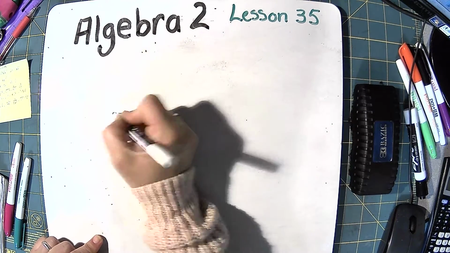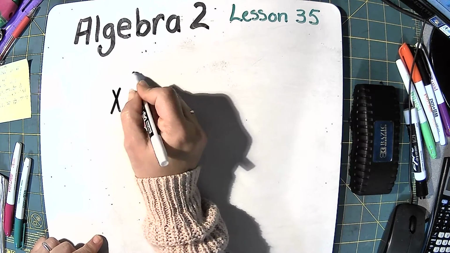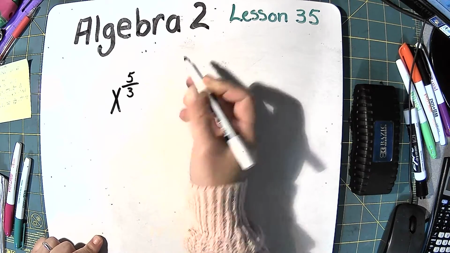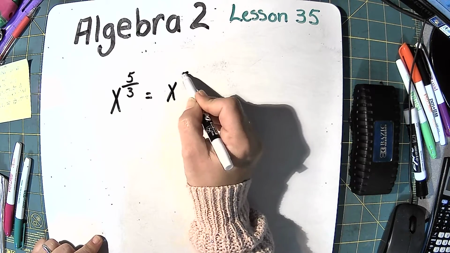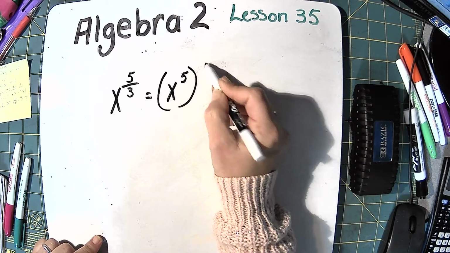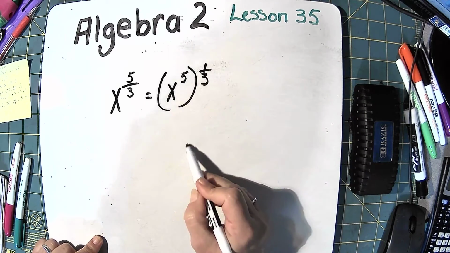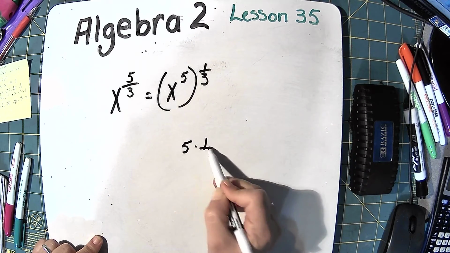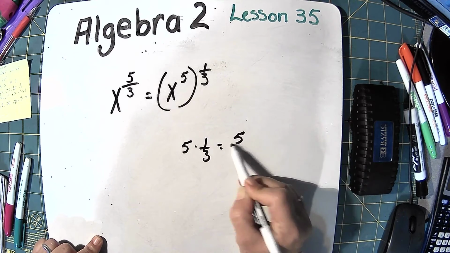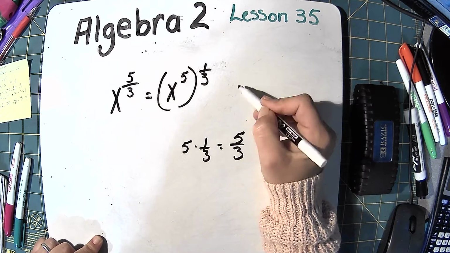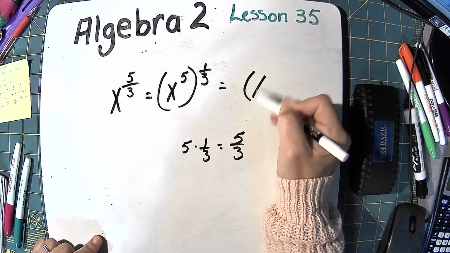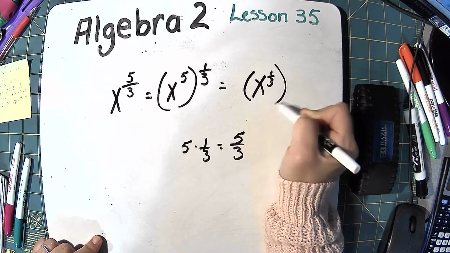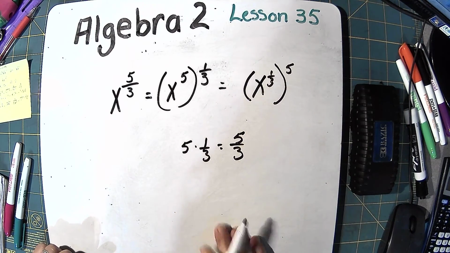All right, what if we have x to the 5/3? Well, that's going to be the same thing as we could say it was x to the 5th times 1/3, because you could say 5 times 1/3 equals 5/3. Or you could write it the other way, and you could say x to the 1/3 times the 5th.